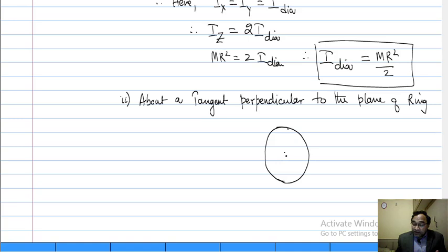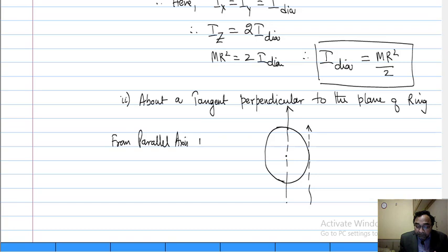So here we have to use, let me draw the tangent. It is this way and the central axis is also this way. So from the parallel axis theorem, what can we write? Moment of inertia about an axis is the moment of inertia about the central axis plus mass times the square of the distance.